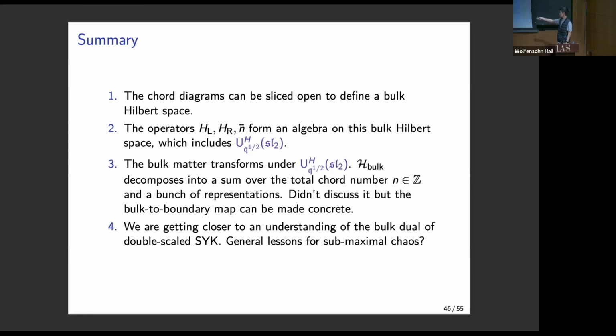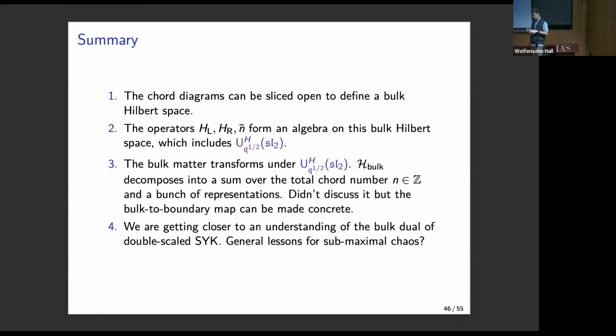And we did not discuss it, but the bulk to boundary map can be made very concrete. There's some algorithm that you could put into Mathematica. If you tell me you want some matter particle with some particular state, some particular location in the wormhole, I can put that into Mathematica and tell you some boundary expression for what that's doing. So that's a bulk to boundary reconstruction that works even when the Schwarzian fluctuations are large. The q deformation parameter could be large, it could be small.